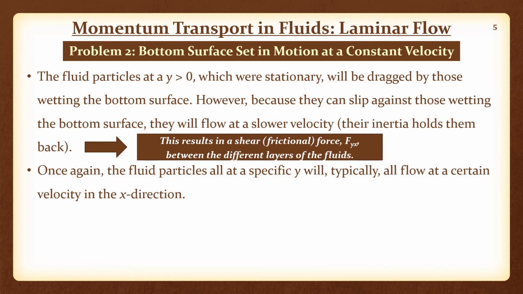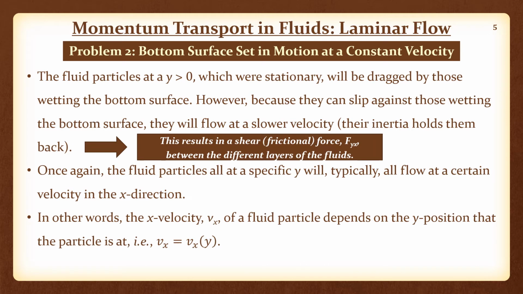And at higher and higher values of y, the velocities will gradually decrease until you reach the top surface, which is stationary, which we will see what no slip results in there. But the idea is that at any value of y, all the fluid particles will flow at a certain velocity along the x direction. In other words, the x velocity Vx of a fluid particle depends on the y position that the particle is at.